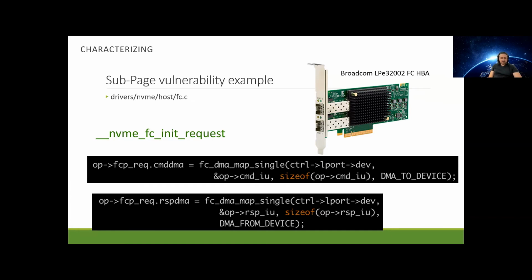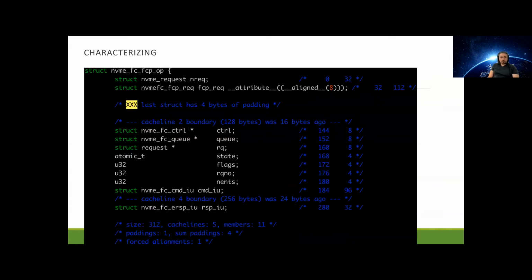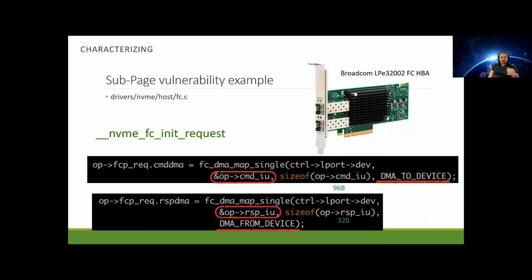In this case, this command data structure, which is 96 bytes long, is mapped to the device. The second thing that happens is the response is also mapped, and its size is 32 bytes, sorry. And it allows the device to write to that page.